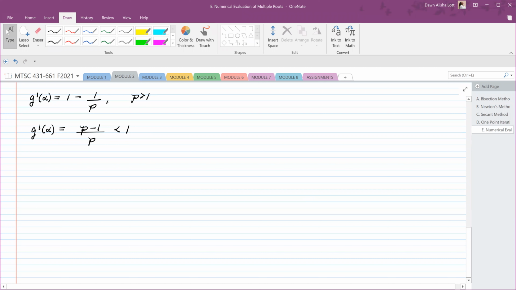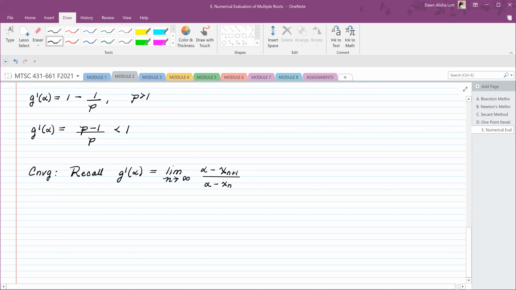Okay. So the convergence of this, well, let's think. Let's recall g prime of alpha is equal to the limit as n goes to infinity of (alpha minus x_{n+1}) divided by (alpha minus x_n).